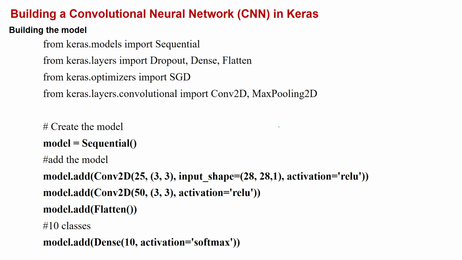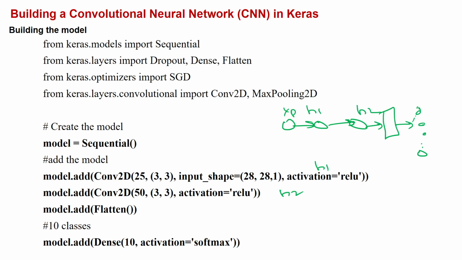So like this we can create the input layer, then hidden layer 1 and hidden layer 2. This is hidden layer 1, this is hidden layer 2, then flattening, and then the fully connected layer, that is the softmax. So 10 units. Softmax is used for multi-class classification. This is for 0, this is for 1, etc., and this is for 9.